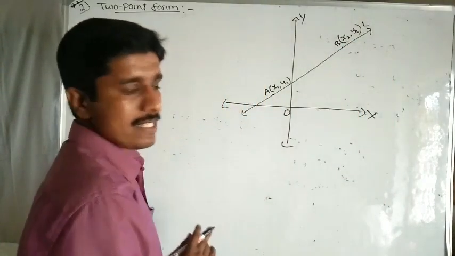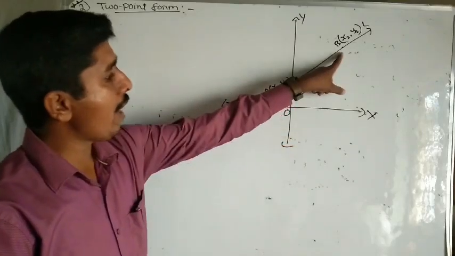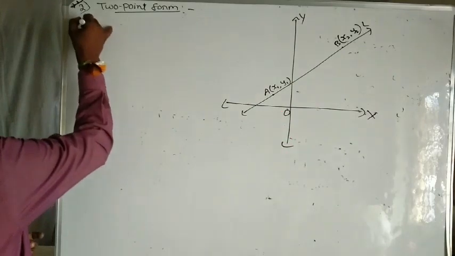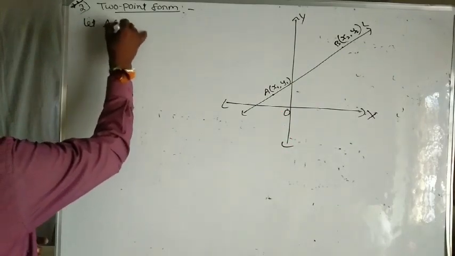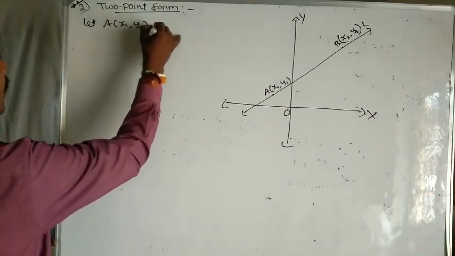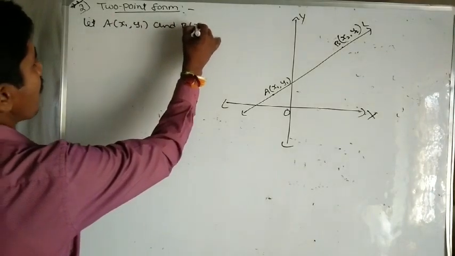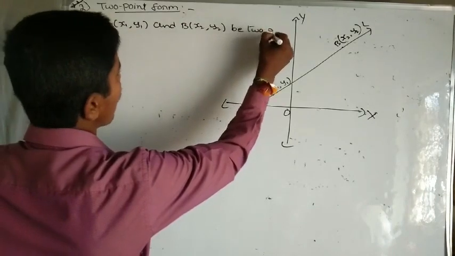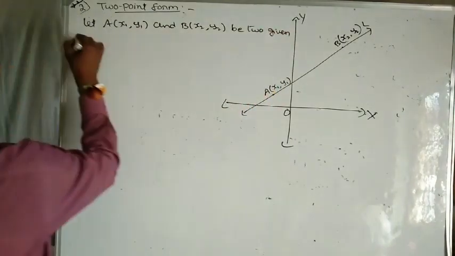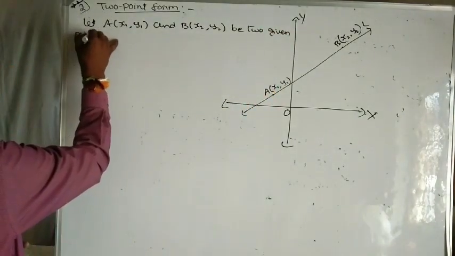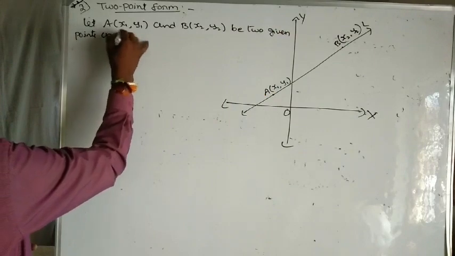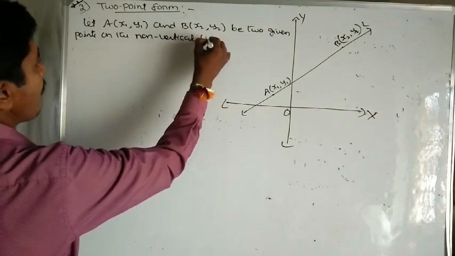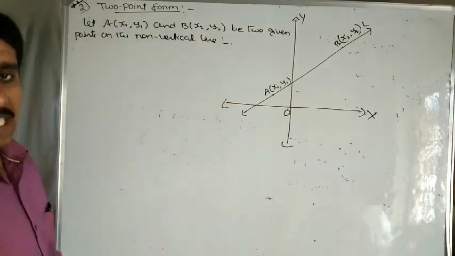A and B are given points on the non-vertical line L. Let A of x1 comma y1 and B of x2 comma y2 be 2 given points on the non-vertical line L.